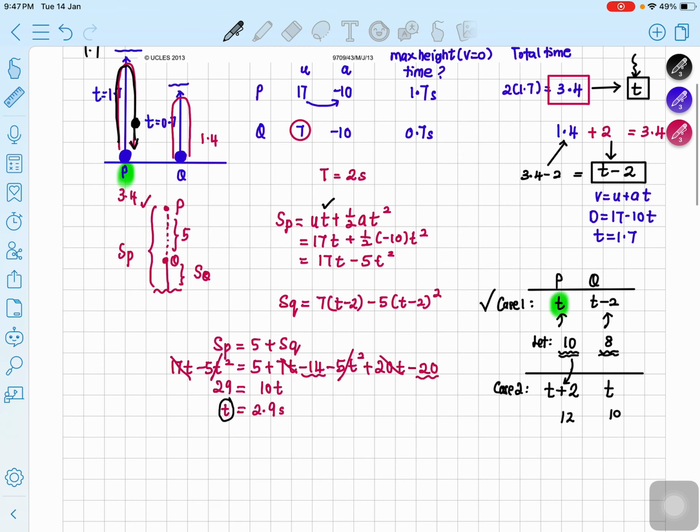What will be the time for my Q? It is t minus 2, correct? So 2.9 minus 2 is 0.9. Let's check what is happening to particle Q at t equals 0.9. It is also on the reverse journey, because to reach its maximum height it's just 0.7. You okay?